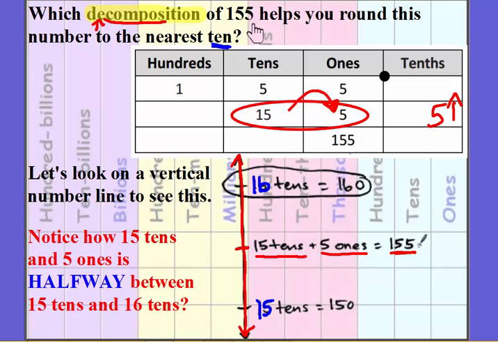Is this number halfway between or larger? Yeah, the halfway mark is right here. Why? Well, because that 5 is in that halfway mark. That 5 is my midpoint. So to round up, it's going to be 160 or 16 tens.